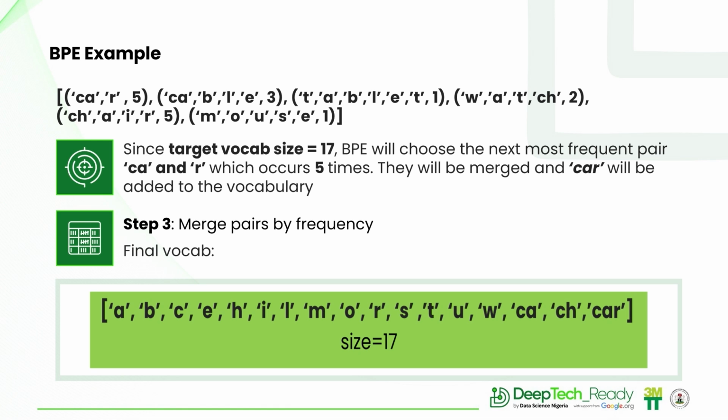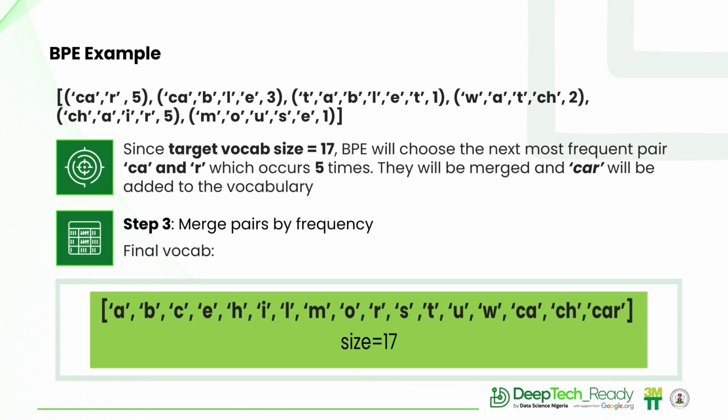So CA and R will be merged as CAR wherever we see CA separately and R separately. This will be the resultant vocabulary: A, B, C, E, CA, CH, and then CAR. If you count, our final vocabulary size is 17.